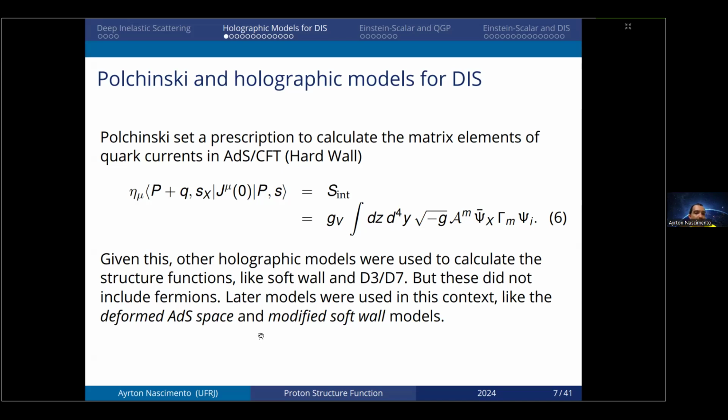These are the ones that inspired the work I did, that I'm going to talk about in a few minutes, okay? So the models I was inspired by were the deformed AdS space model and the modified soft wall one. I'm going to show you right now how they did that for deep inelastic scattering. And after that, I'm going to show you another model I used, inspired by these ones, okay?